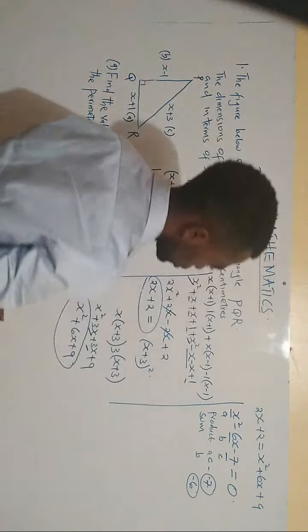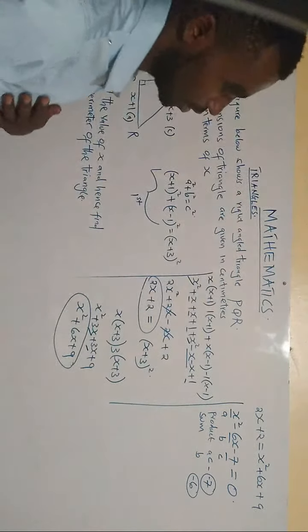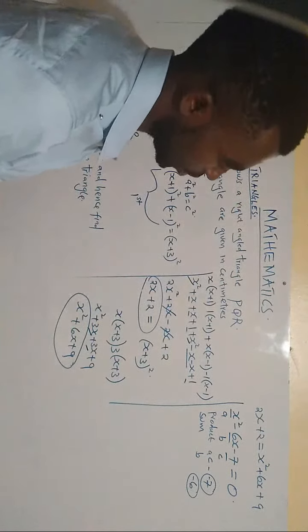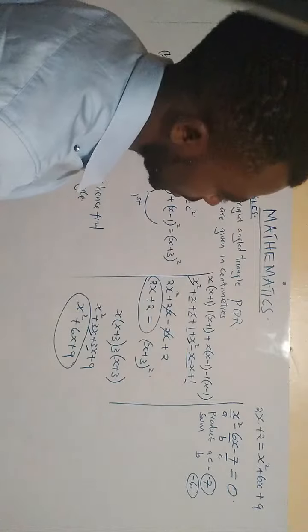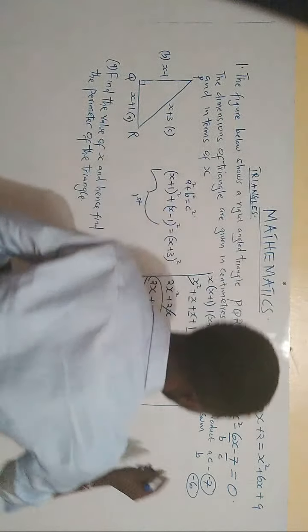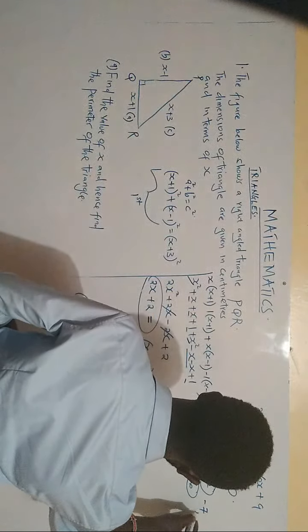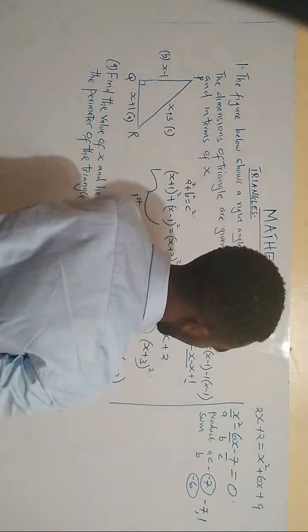The two numbers, when you multiply them, give minus 7, and when you add them, give minus 6. So the two numbers can be minus 7 and 1. Then you can substitute it here.